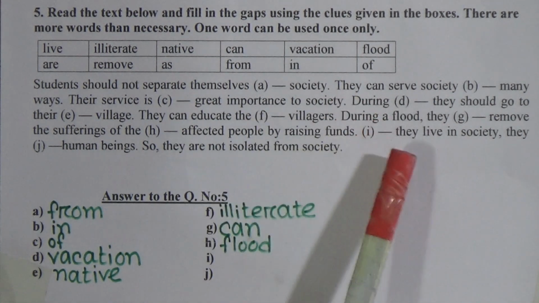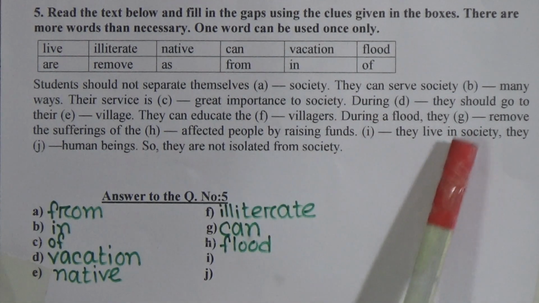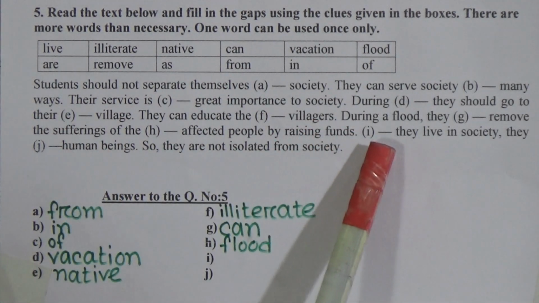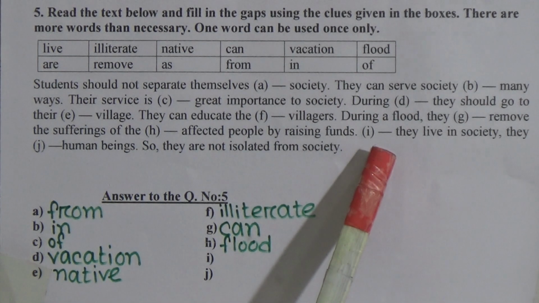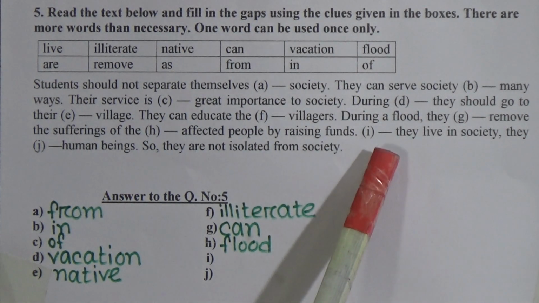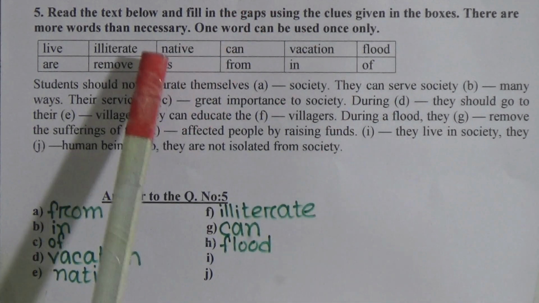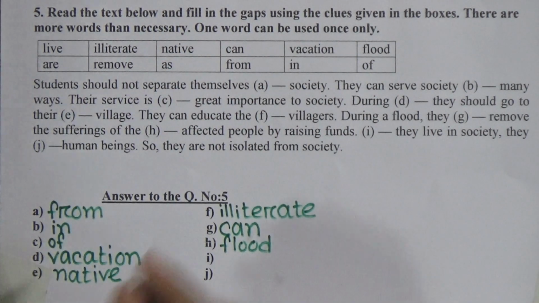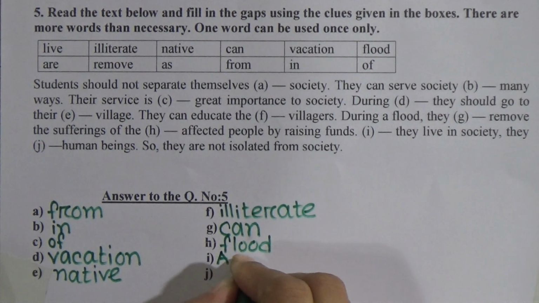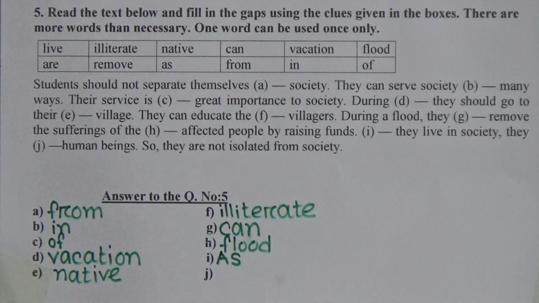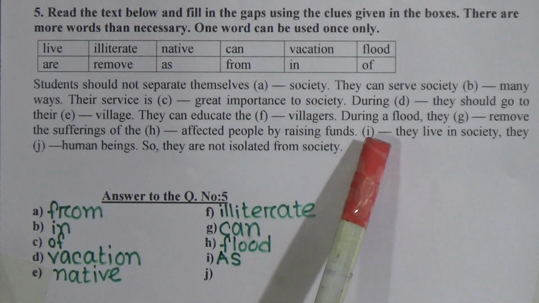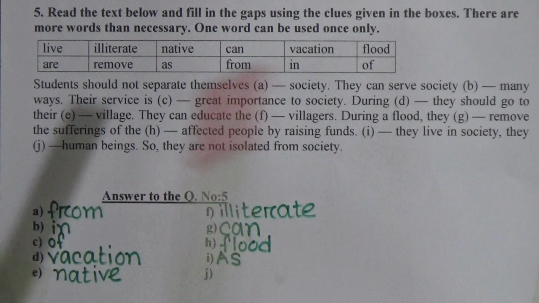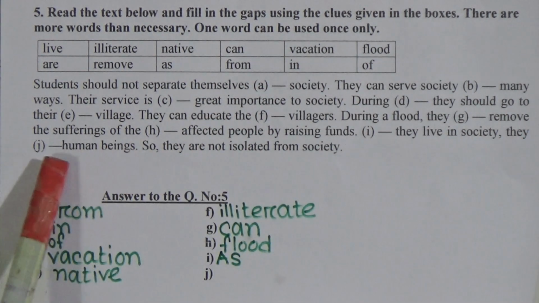And for number I, the sentence is: dash they live in society, they dash human beings. So in number I, the gap is given at the beginning. So we have to write "As they live in society." As will be in capital letter, because it's the beginning of the sentence. As they live in society, they dash human beings. Again, look students, they dash human.